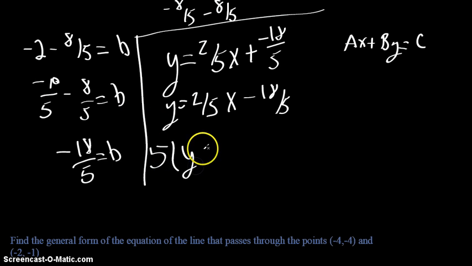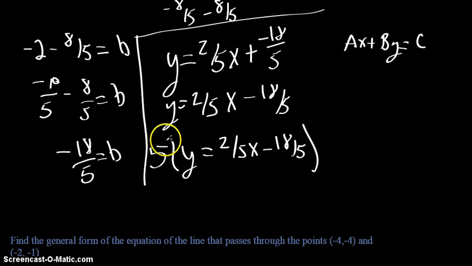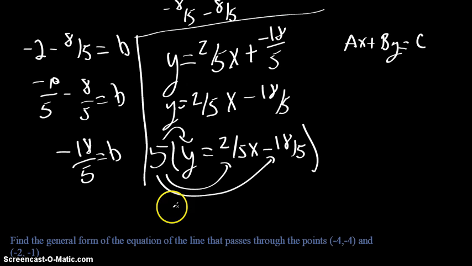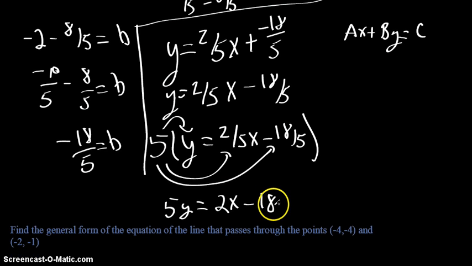So it's 5 times y equals 2/5 x minus 18 over 5. And when I distribute this in here, 5 times all of these, the 5 is going to cancel out all my denominators. So I'm going to end up with 5y equals, my 5 will cancel out there and I get 2x. My 5 will cancel out here and I'll get -18. Well, I just got rid of all my fractions.